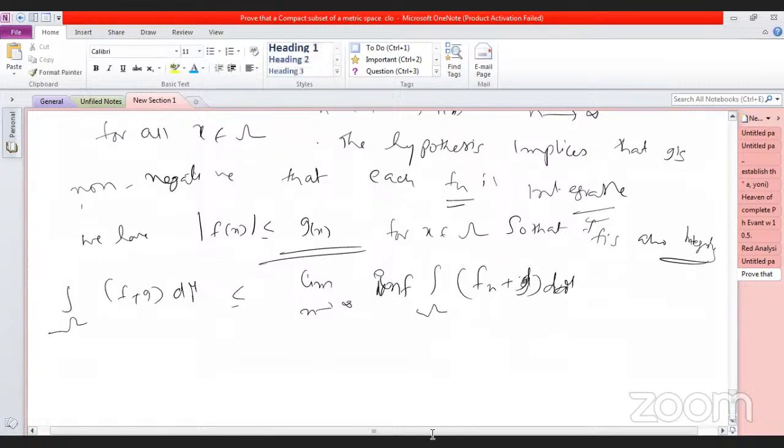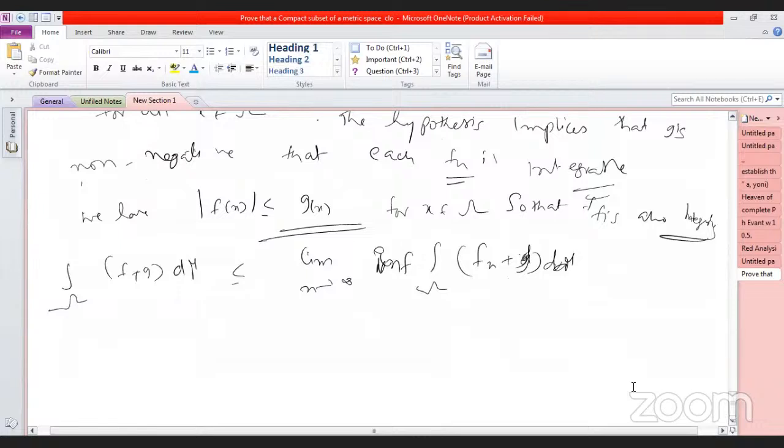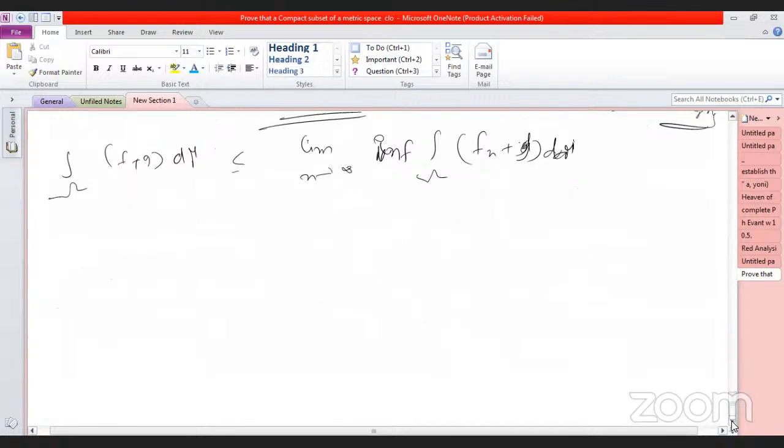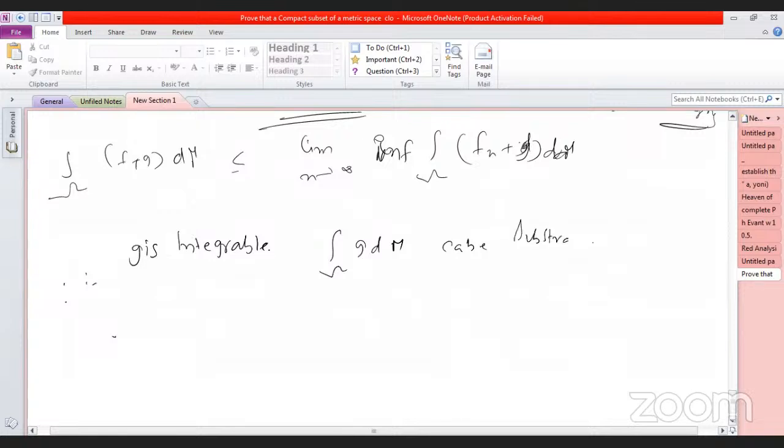So f is already integrable, and since g is also integrable, the integral of g d mu can be subtracted from both sides.